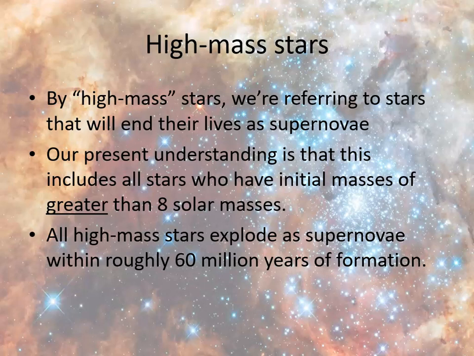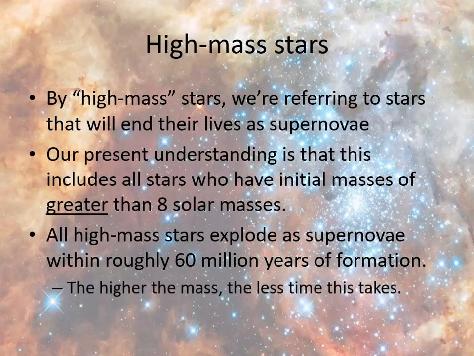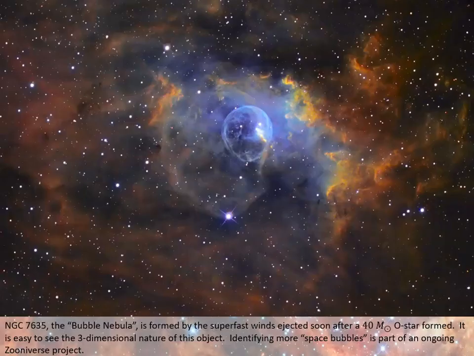What that means is that an 8 solar mass star is going to pretty much go through the main sequence within about 50-something million years, and then only a few more million years as a red supergiant before it ends up exploding. So after about 60 million years, even an 8 solar mass star, the one at the low end of this, is going to explode as a supernova. And the higher the mass, the less time this is going to take.